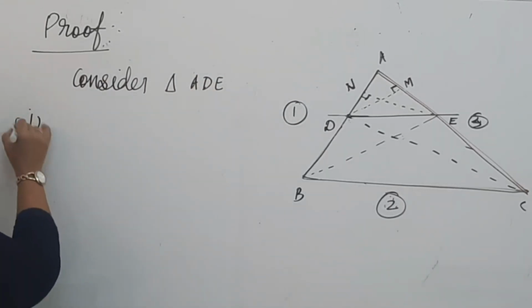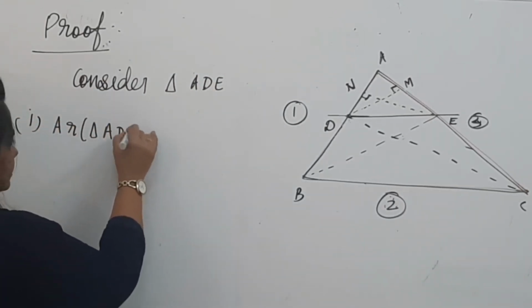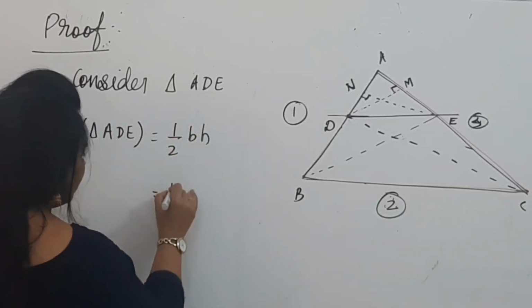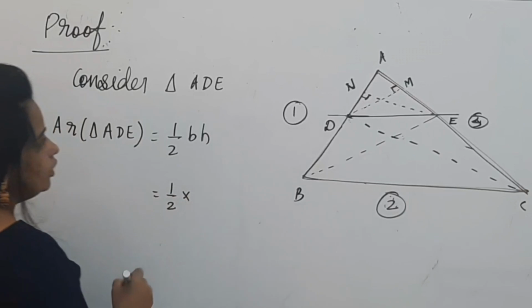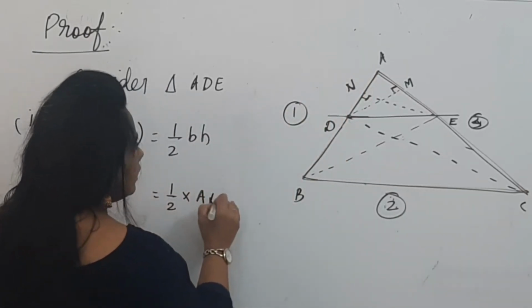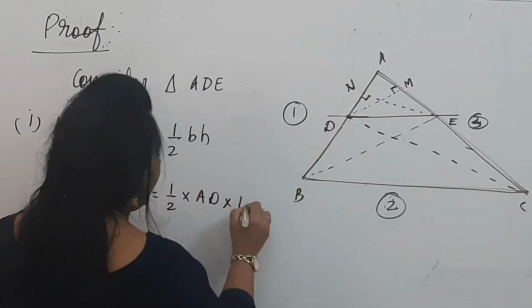The first point, area of triangle ADE is equal to half base into height, which is equal to half into AD as the base, then your perpendicular is EN.